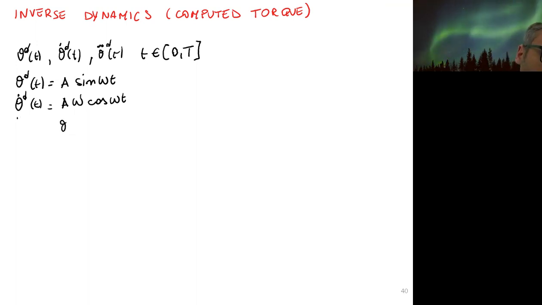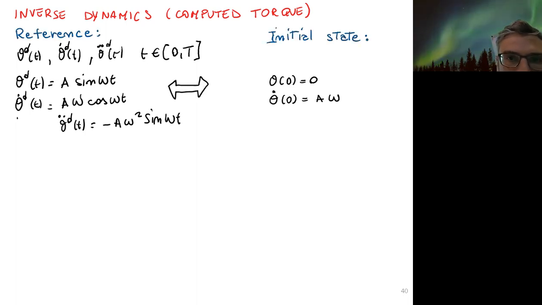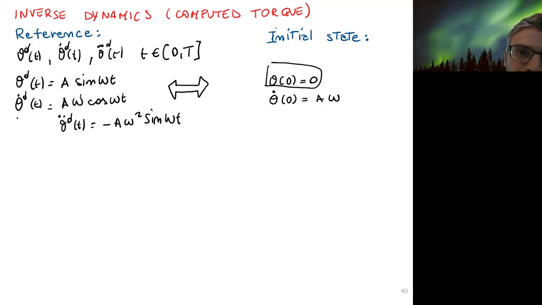I'll write it here. So this is the derivative of the velocity, and we go back to a sinusoid. And if you want to be consistent, you also want the initial state to be consistent. So if you have an initial state of 0, the velocity at 0 should be consistent with that.